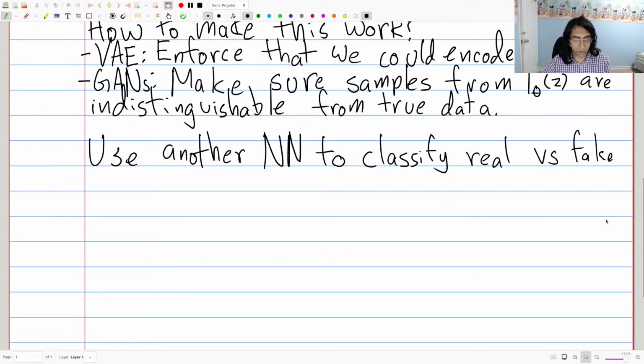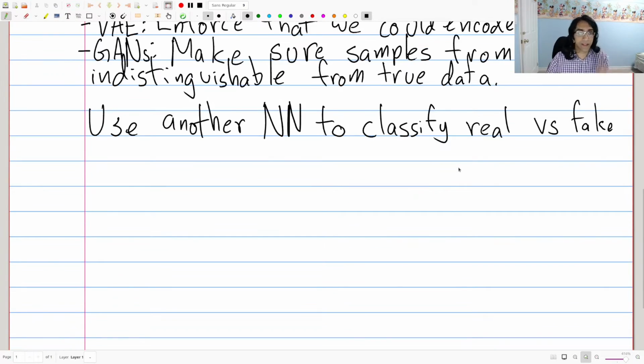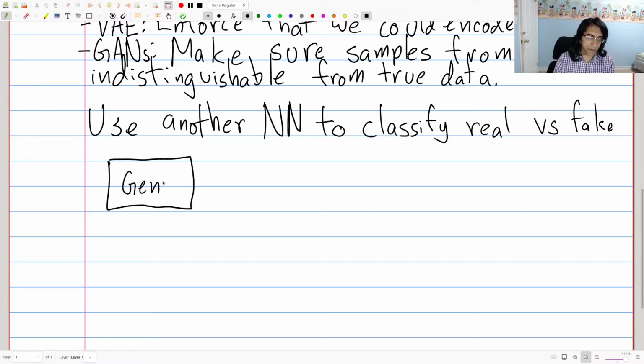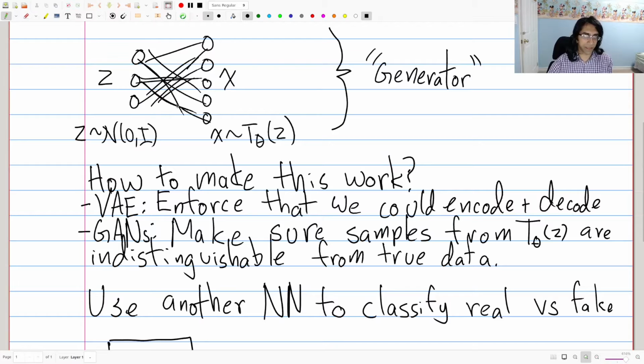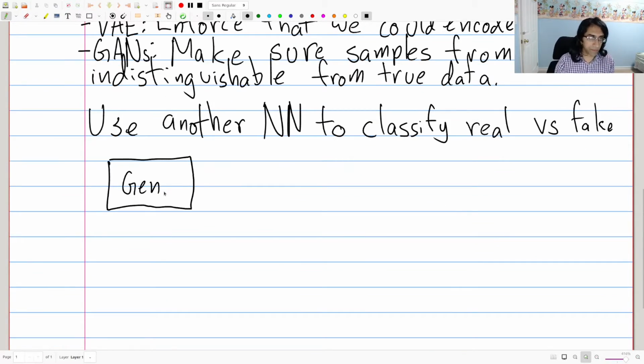Okay, so let me try to draw you a picture here. What basically the picture you should have in your mind is, here is our generator. I'm just drawing it as a box. This is basically the same picture here, but I didn't want to draw as many lines, and it'll be a bit cleaner. So I'm just going to write it as generator, or gen for simplicity.